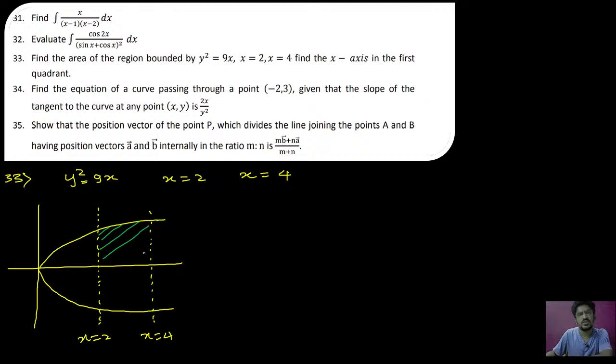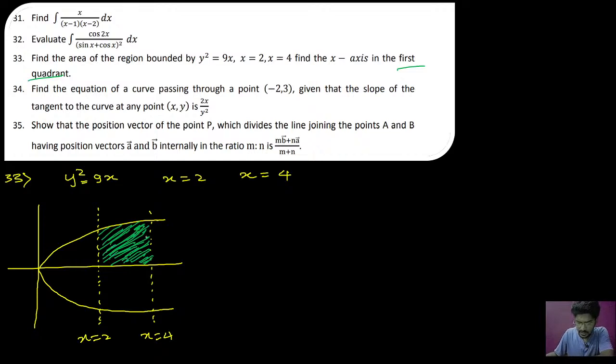Now we have to find the required area, which is present in the first quadrant. They have mentioned only the first quadrant, so we have to calculate only the area in the first quadrant. This is the shaded portion we have to calculate.